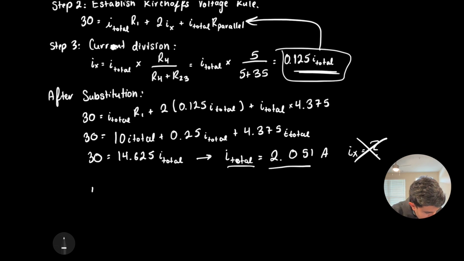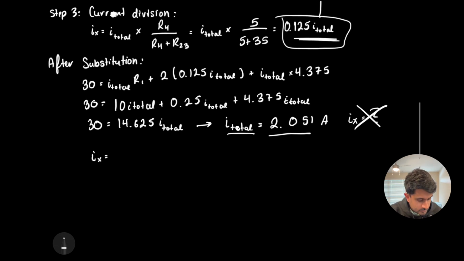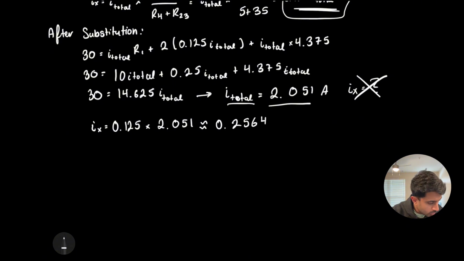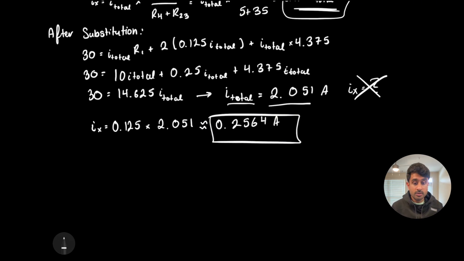So IX is equal to 0.125 multiplied by 2.051, which gives us roughly 0.2564 amps, which is our final answer for part A.